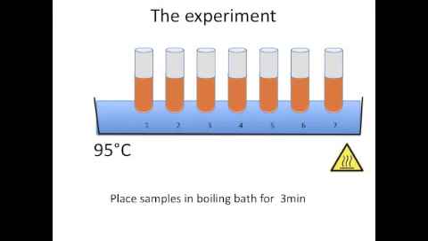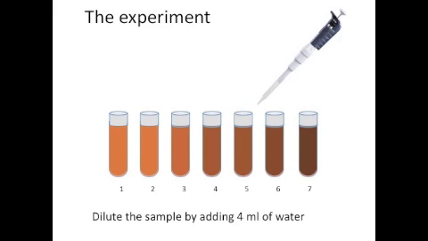You will now need to place your tubes in a rack in a boiling water bath. As I mentioned before, this is to get the reaction between the glucose and the DNSA. You should find that at least for some of the tubes, the solution will have turned a darker color.